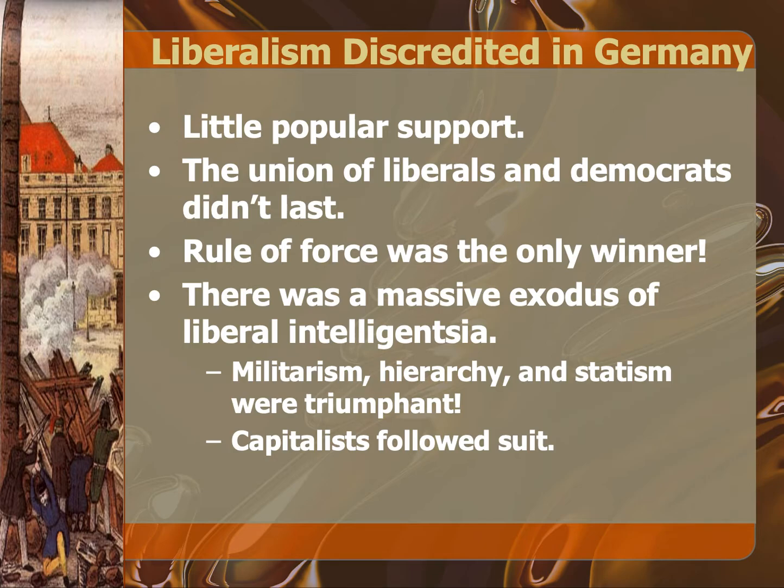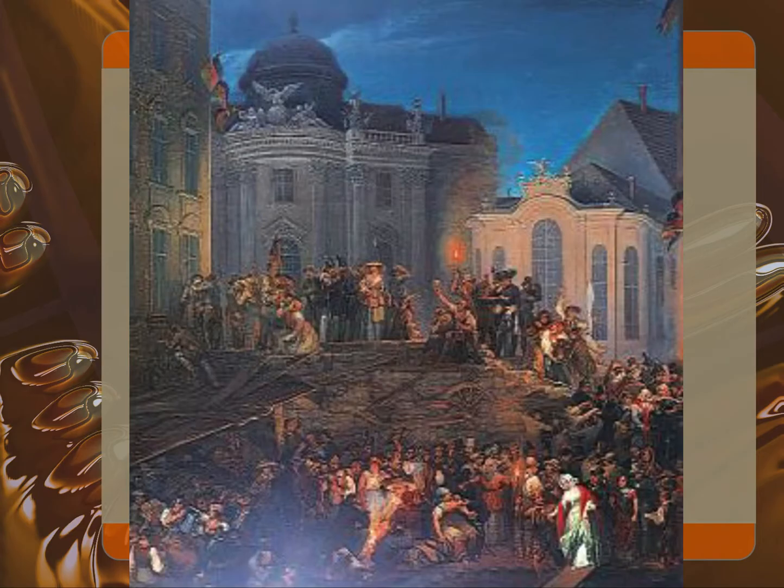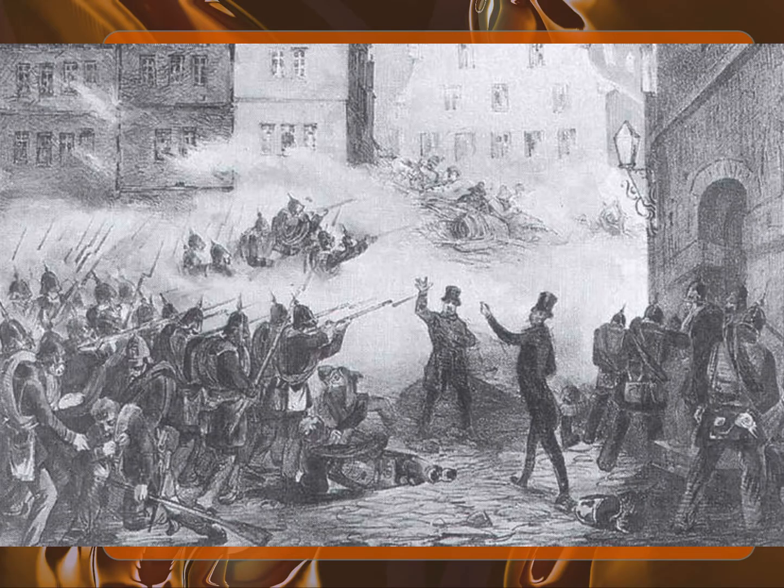And we see that militarism and this idea of hierarchy and all of that becomes kind of triumphant over everything. That's another image of the fighting. So in the end, all of these revolutions essentially fail.